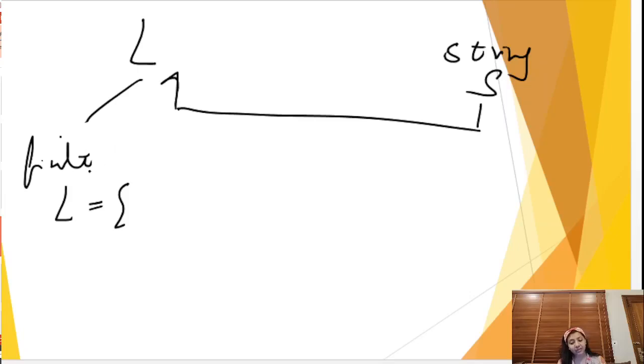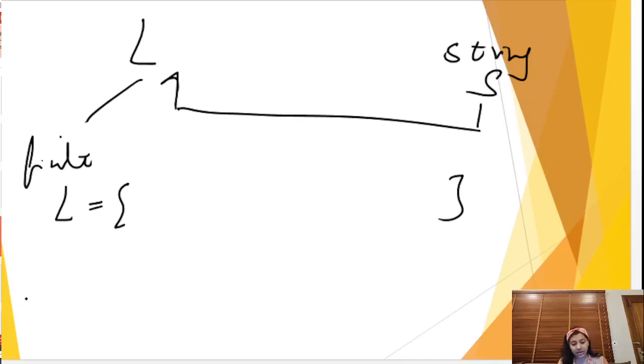Since the language is finite, the set containing that language is also finite. So we can store all the possible strings in our memory, and simply check whenever any string is presented whether that string is valid or not. Let's take an example to understand this.